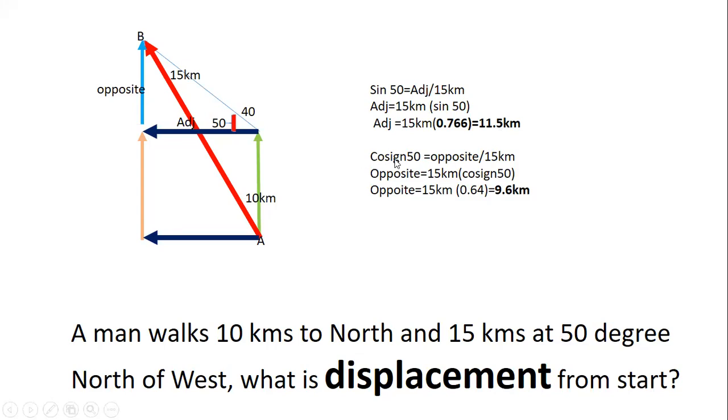And the cosine of 50-degree is equal to opposite over hypotenuse, which is 15 kilometers again. So the opposite is equal to 15 kilometers times cosine of 50, which is 15 kilometers times 0.64, which becomes 9.6 kilometers.